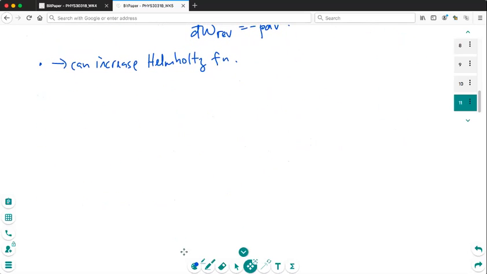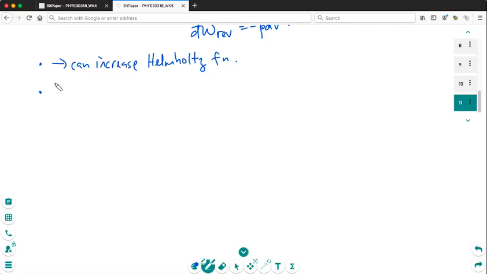Okay, more generally, what happens is this. I will write you the statement. Here, we want to understand why we also call this Helmholtz function the free energy. Which part is free?